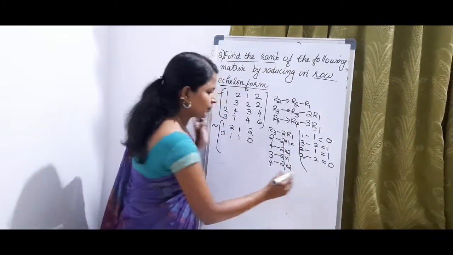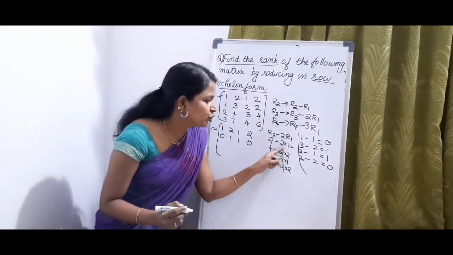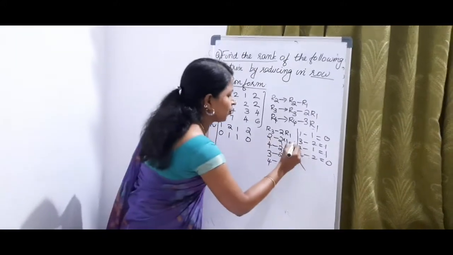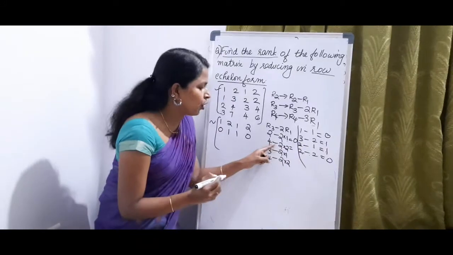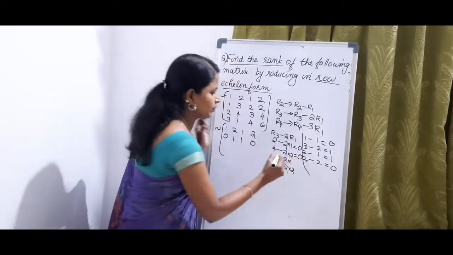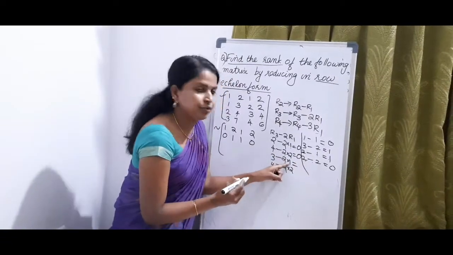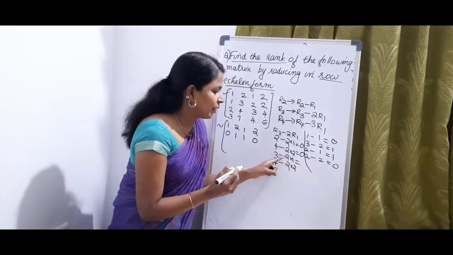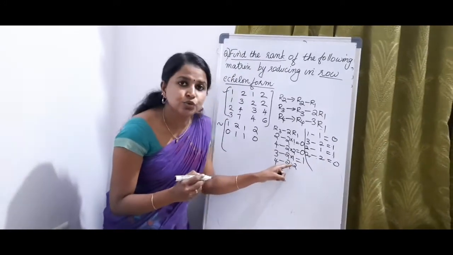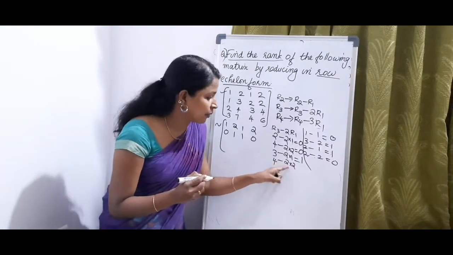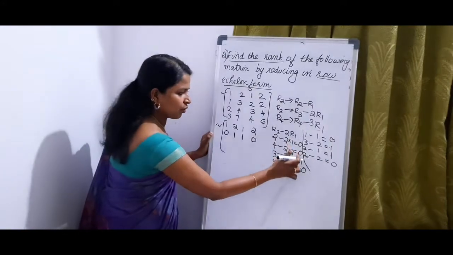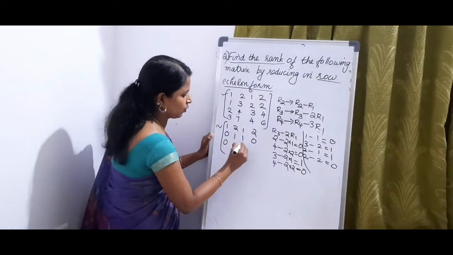That is 2 minus 2 into 1, which is 2 minus 2, 0. Here 4 minus 2 into 2, 4 minus 4, 0. Then 3 minus 2, 1. Here 4 minus 2 into 2, 4, that is 4 minus 4 is 0. That is 0, 0, 1, 0.